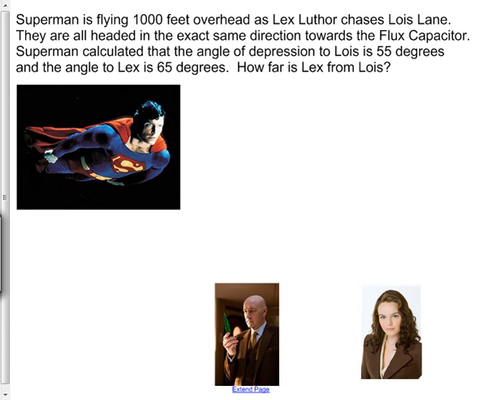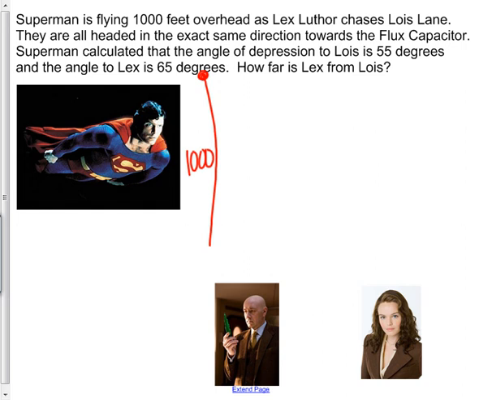Okay, so let's try this together. The first piece of information we get is Superman is flying 1,000 feet overhead. And Superman would be right here. As Lex Luthor chases Lois Lane, they are all headed in the same direction towards the flux. Superman calculated that the angle of depression to Lois is 55 degrees.